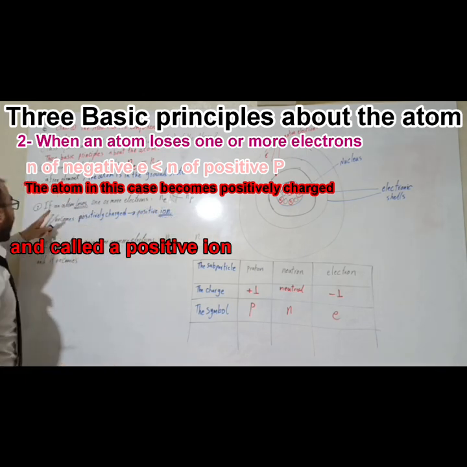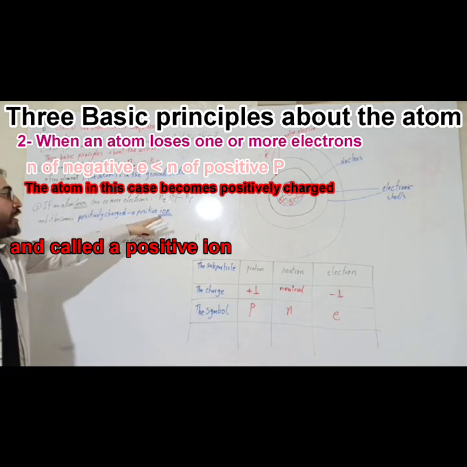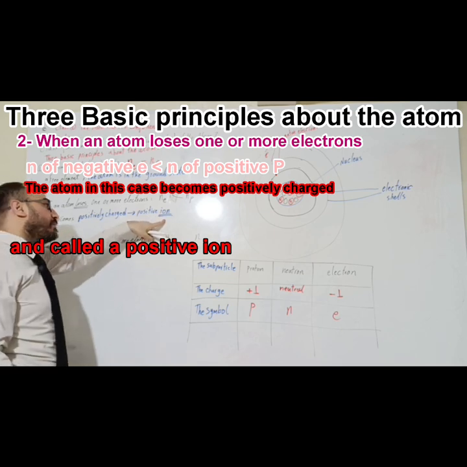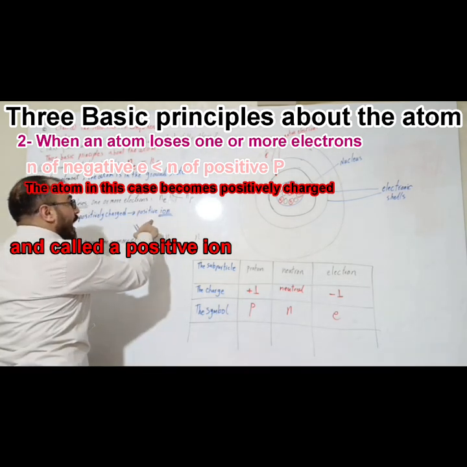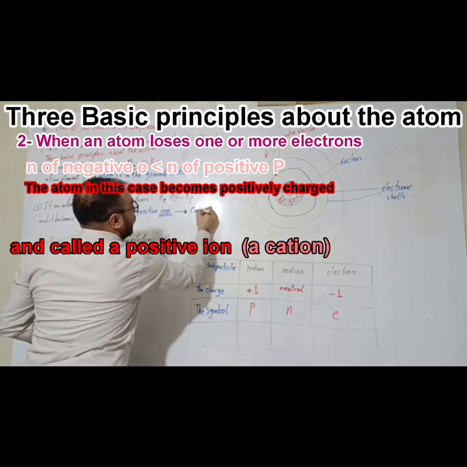So when the atom loses one or more electrons, it's going to be positively charged, and it's not going to be called an atom anymore. It's going to be called an ion. And we call the positive ion a cation.